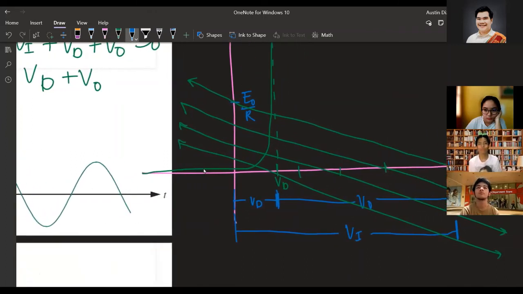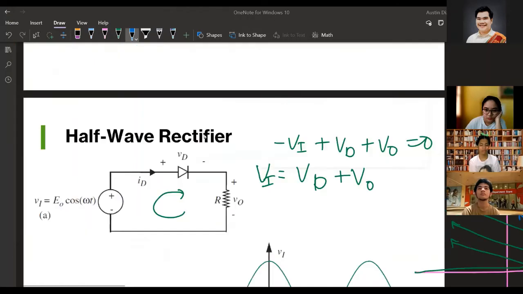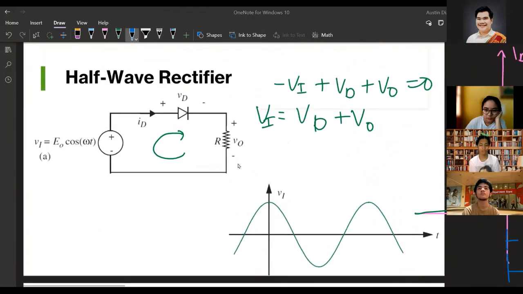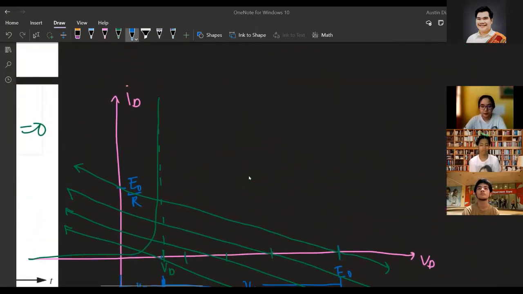Kung mapansin nyo, kapag malapit na ako sa VD, yung intersection ng dalawang same slopes lang kasi yung equation niya something like this, di ba?